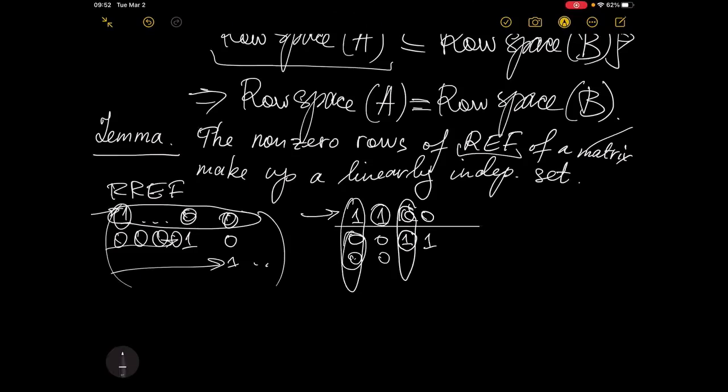Then you can repeat the same consideration for the remaining rows. The next row cannot be expressed through further rows, right? Exactly, because the only non-zero element in the column will be this leading one, and so on and so on.